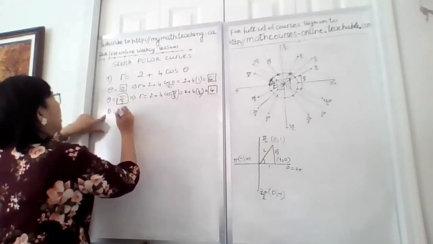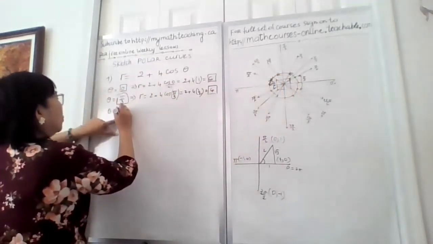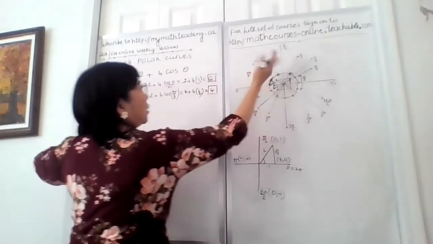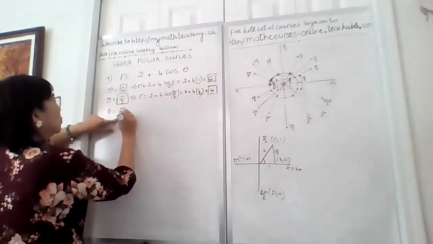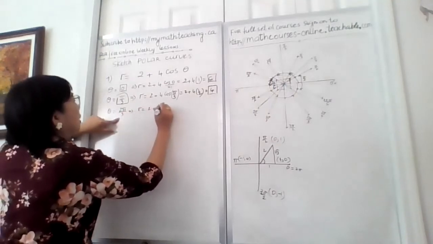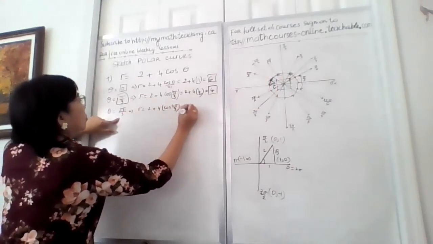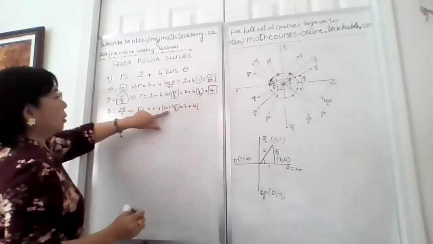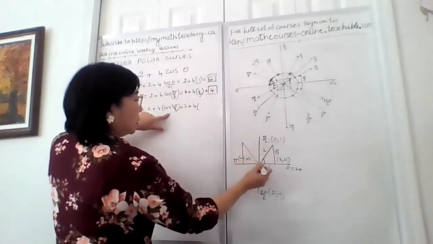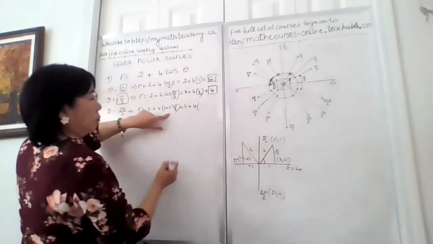Now, after pi over 3, comes 2 pi over 3, right? We want to do the mirror coordinate, right? So for 2 pi over 3, r will be equal to 2 add 4 times cos 2 pi over 3. Cos 2 pi over 3 is this angle here, and exactly the same, which is minus 1/2.